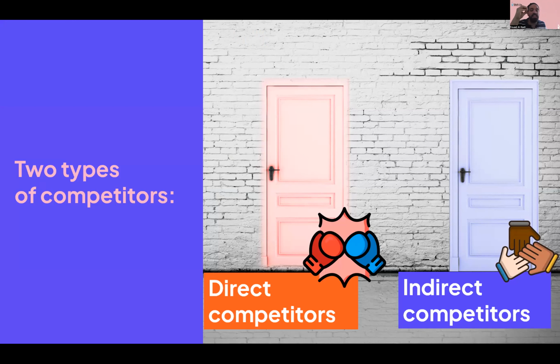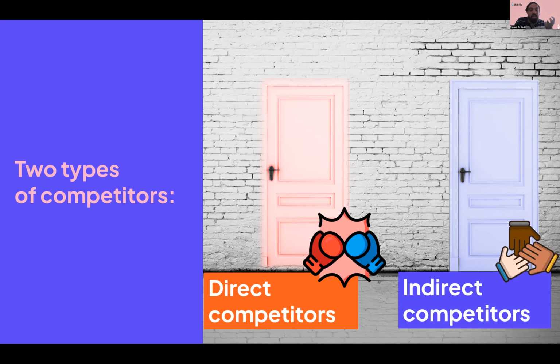However, there's something called indirect competitors, which are businesses that offer something similar but still different after all. Which means they do a business similar to yours. However, it's not the same.